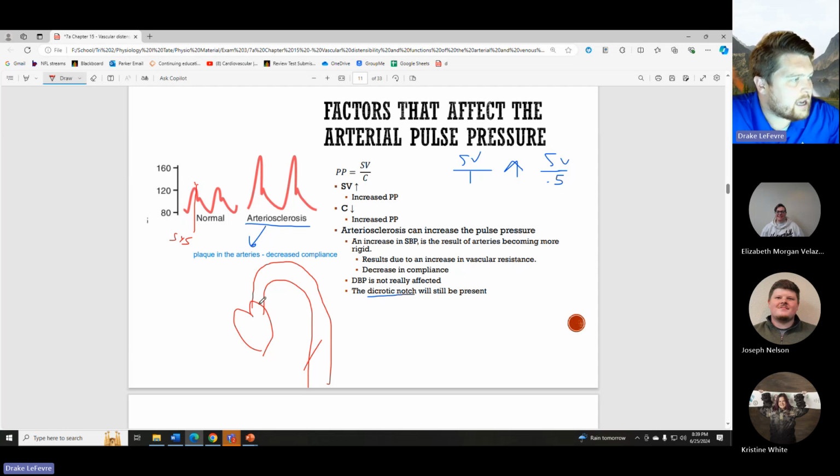And then as soon as that valve snaps shut, we get almost like a little rocking motion. The gravity is going to pull the blood backwards, back towards the valve. So our heart squeezes, it pushes all the blood out, and then our valve closes and the blood, because of gravity, drops back towards the heart where it hits the valve and then stays. That's what the dichrotic notch represents, is just that gravity is a thing.